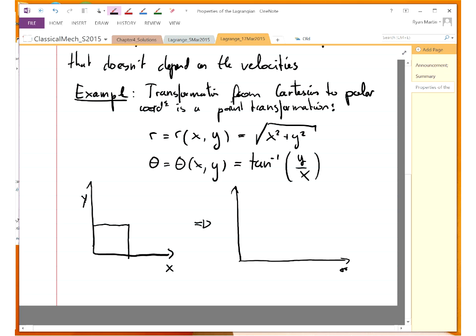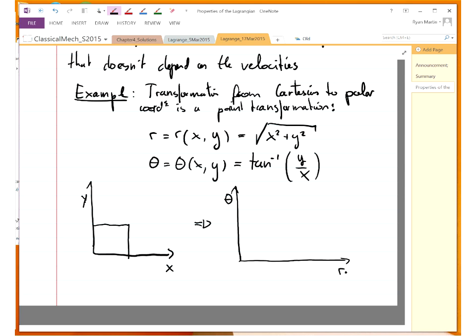So I'm doing something weird here. I'm putting r and theta on the x and y axes. So I'm treating these new coordinates r and theta as if they were orthogonal Cartesian coordinates. So it's not so much a representation of space, so much as a representation of the coordinate space, some abstract concept of a particle being described by r and theta instead of x and y.